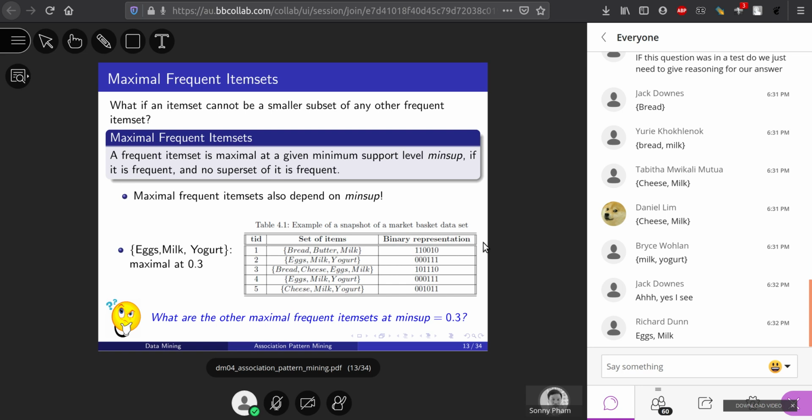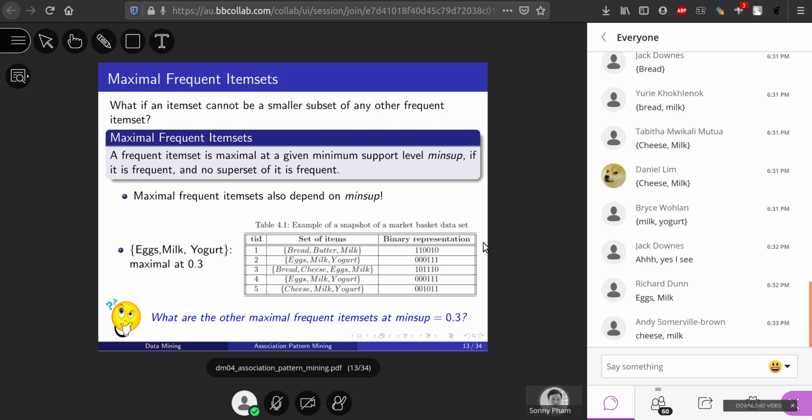Because eggs, milk, and yogurt is maximal, you cannot have any itemsets constructed from the combinations of eggs and milk and yogurt anymore. That's a fact. Same thing for eggs and milk, not maximal at all, because they are constructed from eggs, milk, and yogurt.